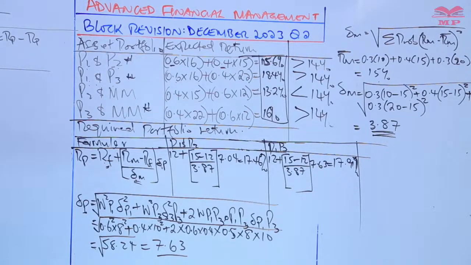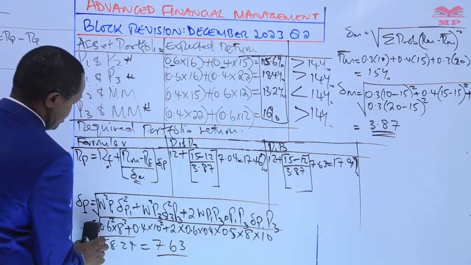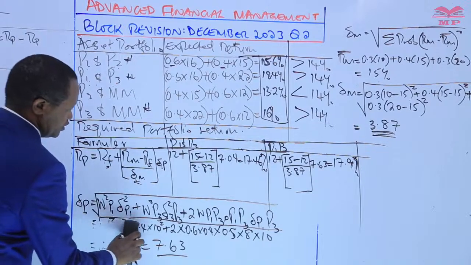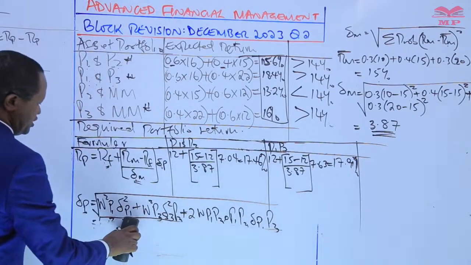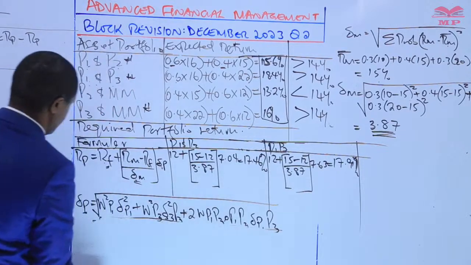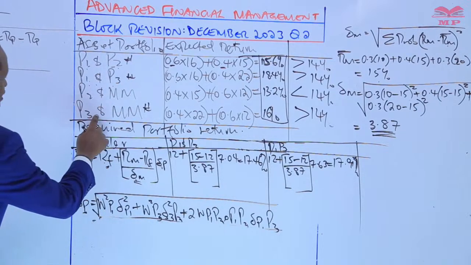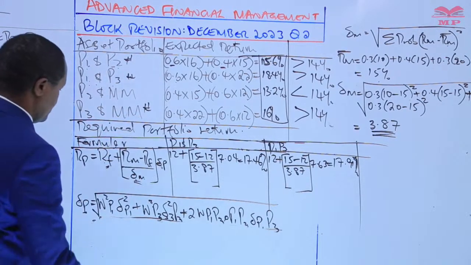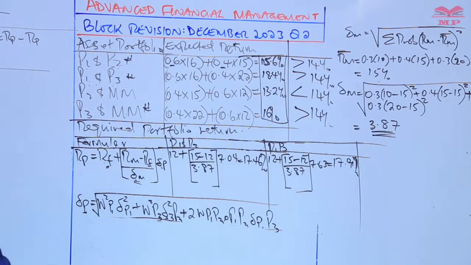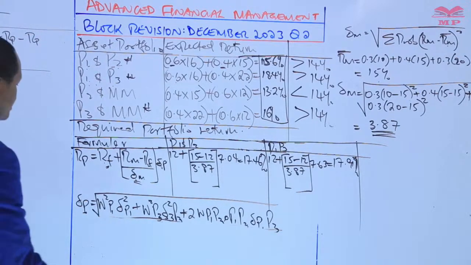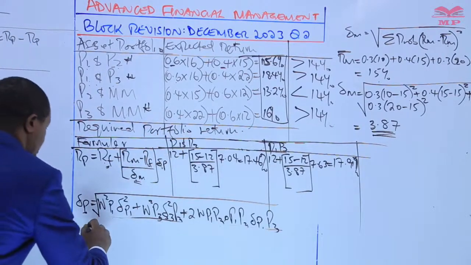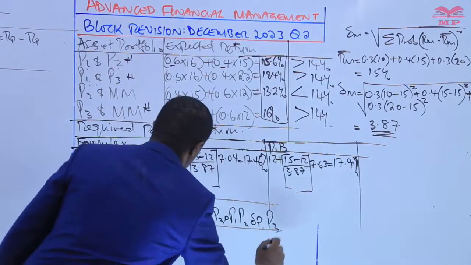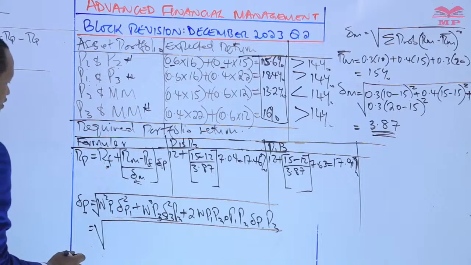We want to calculate the portfolio standard deviation for the last portfolio, which is P3 and M. P3 and M, candidates. We see the weights here. We are going to get the square root of this.